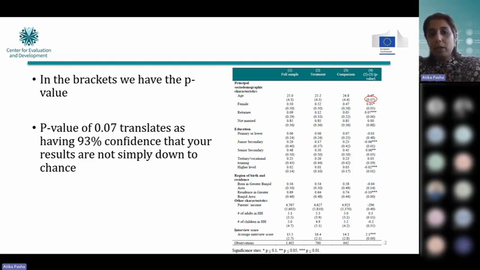In this case, the p-value is 0.07, which means that you have 93% confidence that your results are not due to chance, but these are statistically significant at the 7% level, or at least at the 7% level.